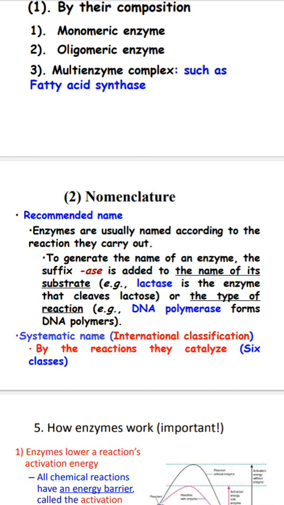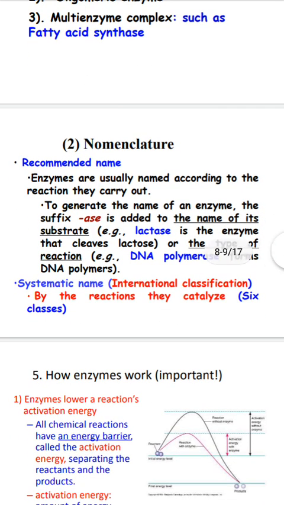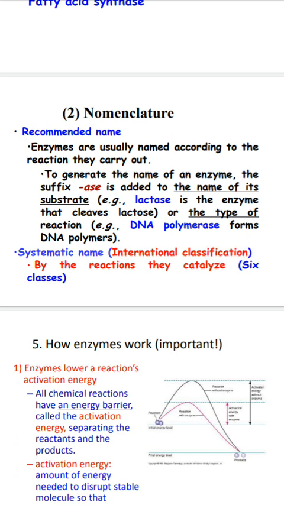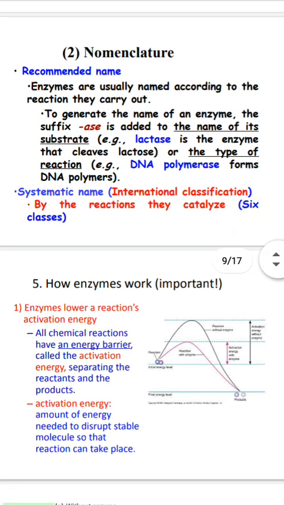To generate the name of an enzyme, the suffix -ase is added to the name of its substrate. Like lactose, -ose is replaced by -ase, and fructose, -ose is replaced by -ase, fructase, right? For example, DNA polymerase is an enzyme.